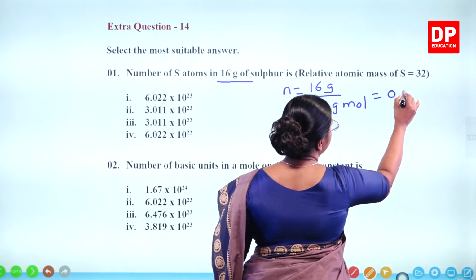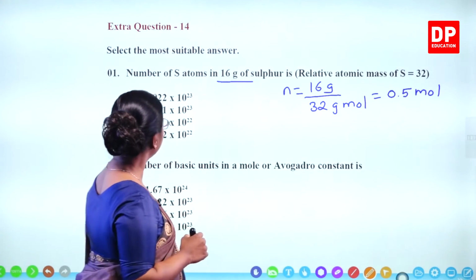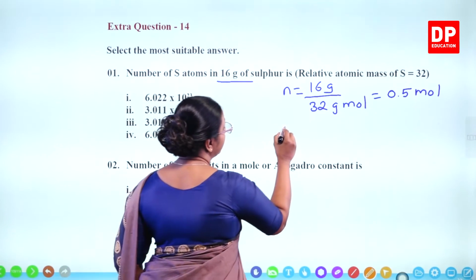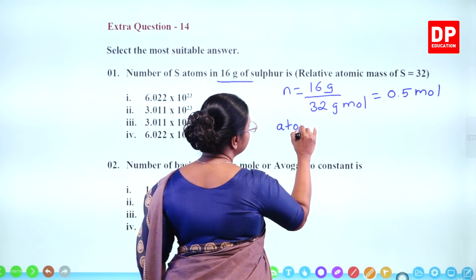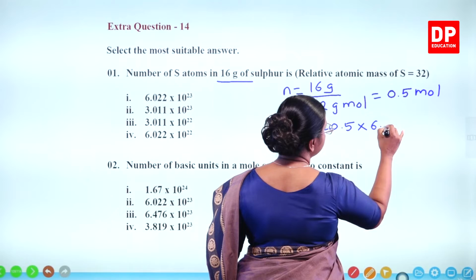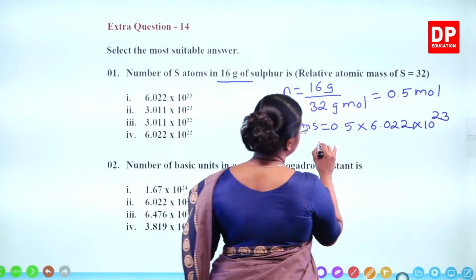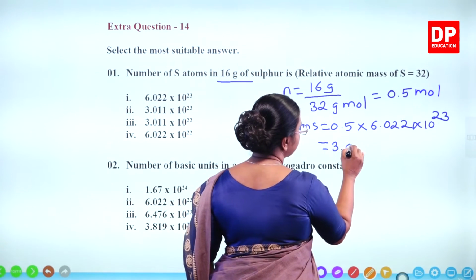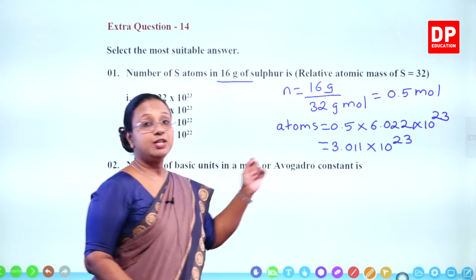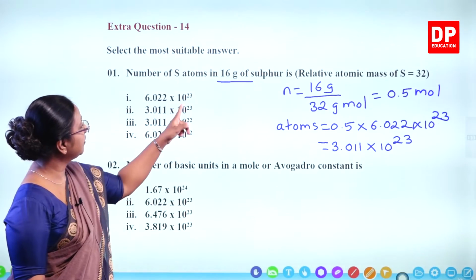You can see the value is 0.5 moles. So in 0.5 moles, how many sulfur atoms are there? When you multiply for atoms, 0.5 into 6.022 into 10 to the power of 23. What is that equal to? 3.011 into 10 to the power of 23. Can you find the answer here? 6.022 into 10 to the power of 23? No.